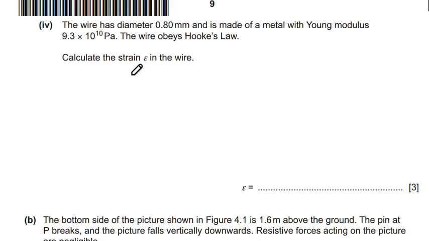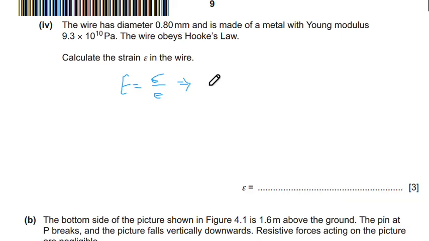We know that Young's modulus is the stress over strain, and we want the strain, and we have both stress and area. We have the diameter, so we have area.